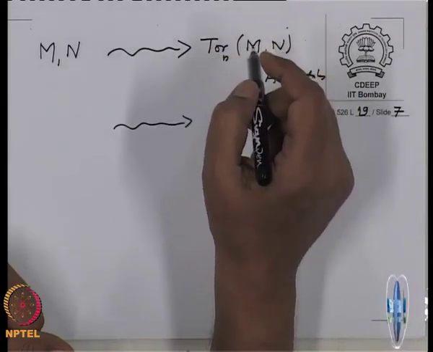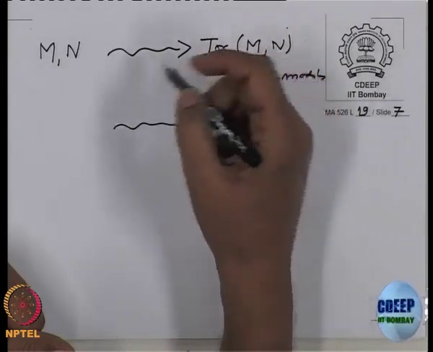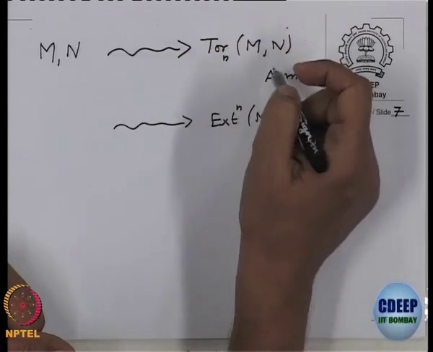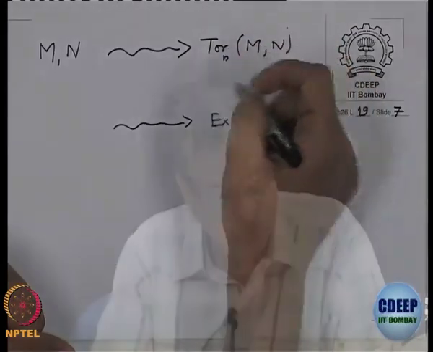M tensor N is isomorphic to N tensor M, so the resulting modules will also be isomorphic. But in this case we cannot do that, because home of M, N is not home of N, M.